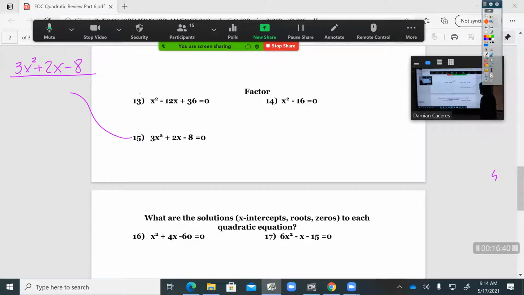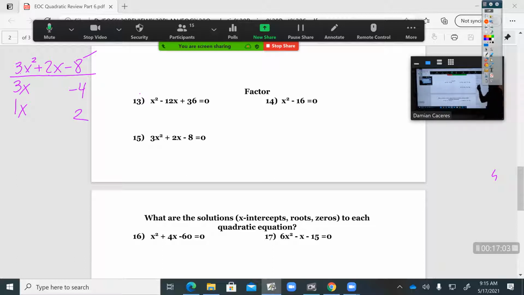So now we put a line underneath the whole equation, and we break down the first and the last number. The first number is 3x squared, which is 3x times 1x. The last number is negative 8, which is negative 4 times 2, or 4 times negative 2, one or the other.